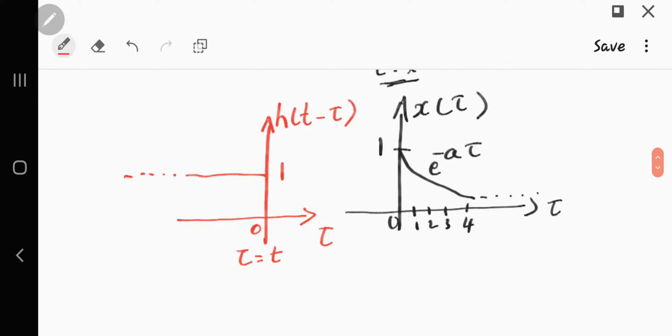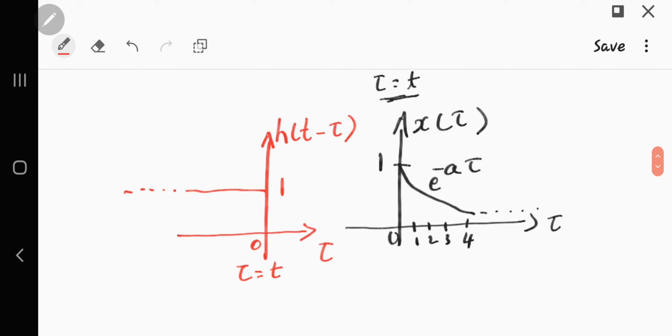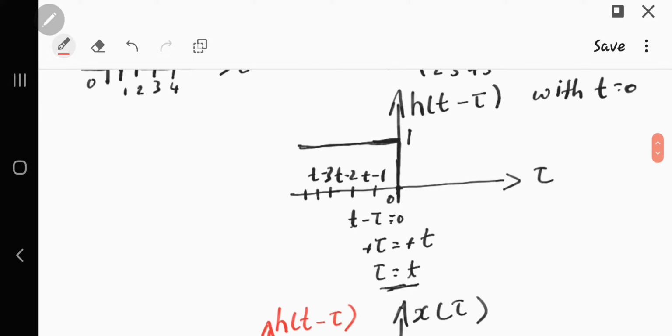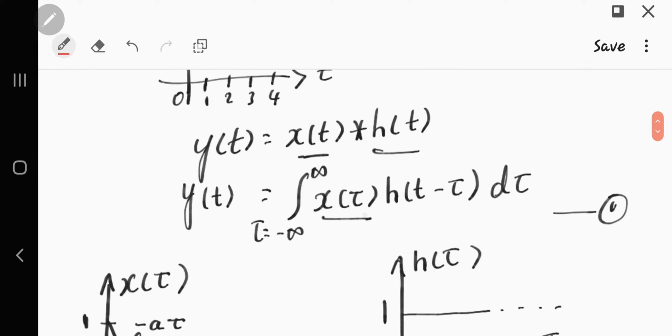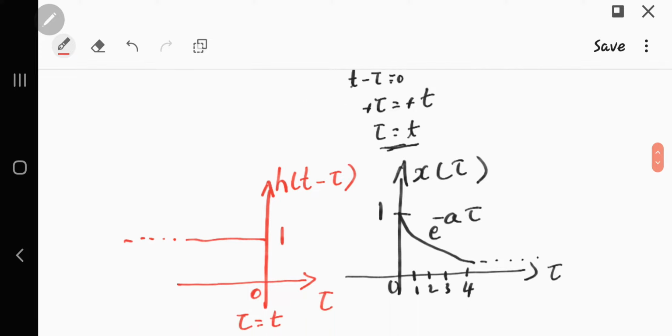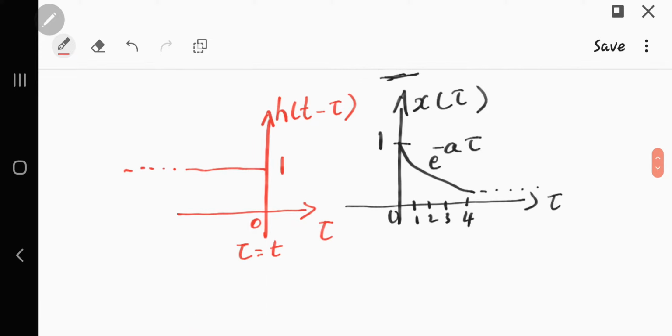So, this point is origin. Now, the expression y of t is x of tau multiplied with h of t minus tau. So, every time we have to perform this multiplication wherever the overlapping region is.